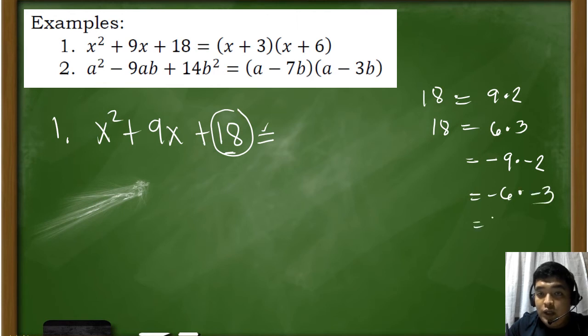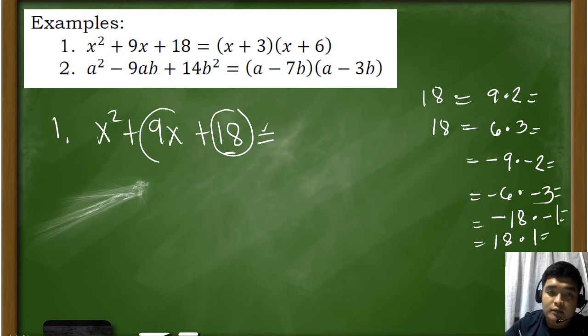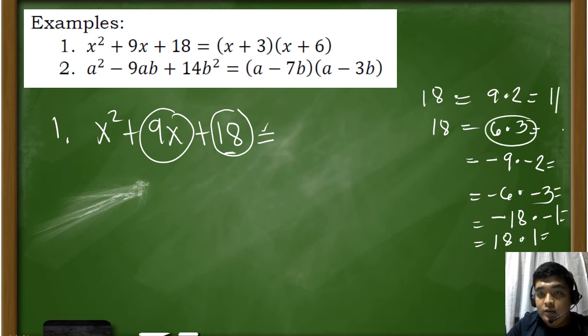It can also be negative 18 times negative 1, or positive 18 times 1. That is also 18. If we add the two factors, the result should be 9. 9 plus 2 is 11. 6 plus 3 is 9.